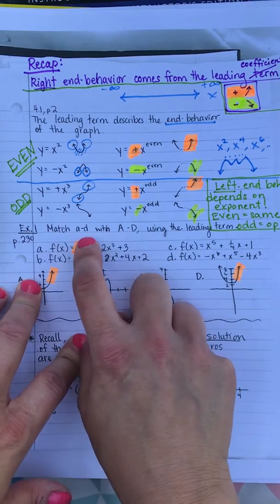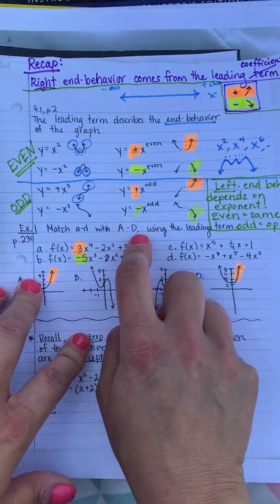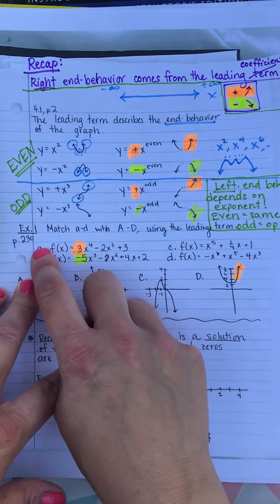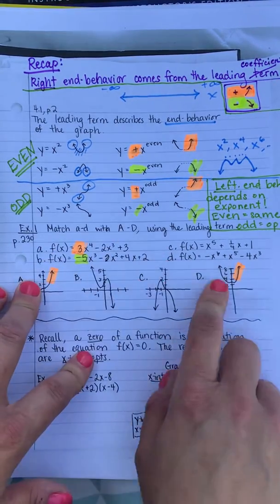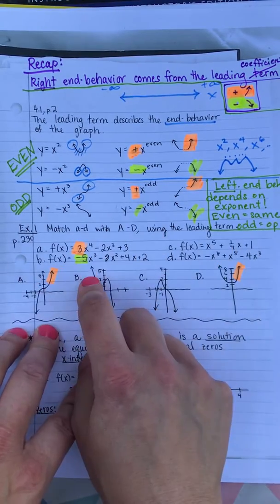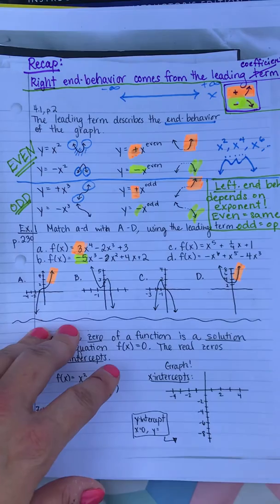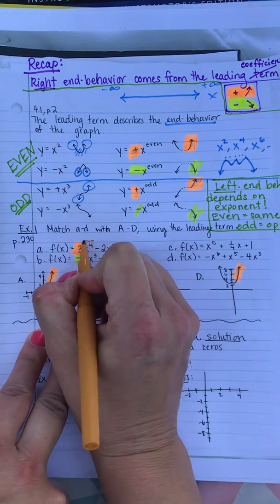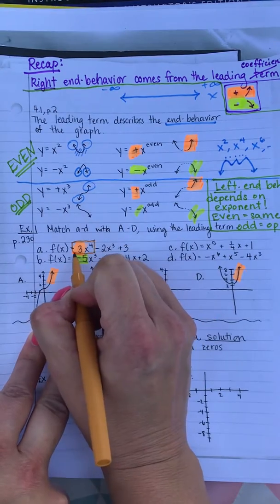Example 1 was match A through D with A through D. That's not very smart, but it maybe should be match 1, 2, 3, 4 with A, B, C, D, but whatever. So how do we do this? Well, we use the leading term. I'm going to grab this weird gold color, and I'm going to circle or box my leading term of every single one.